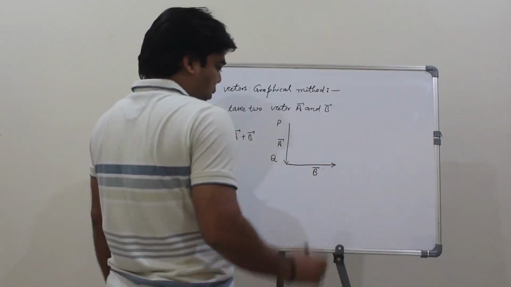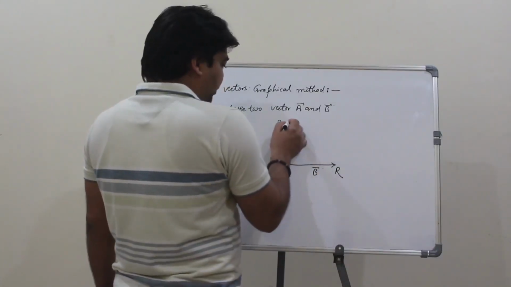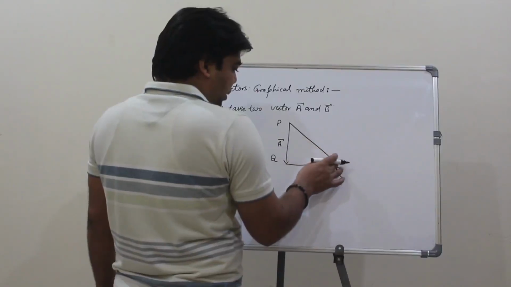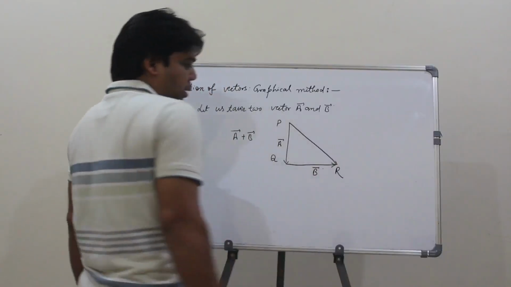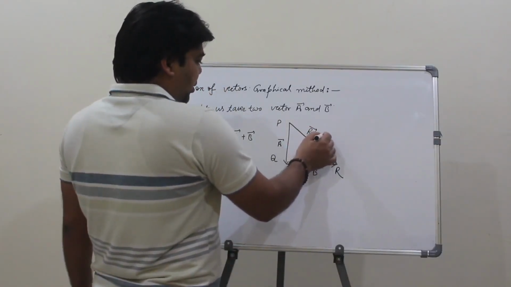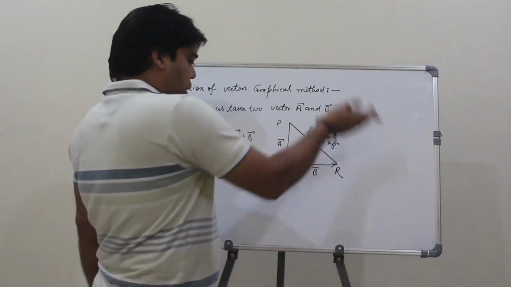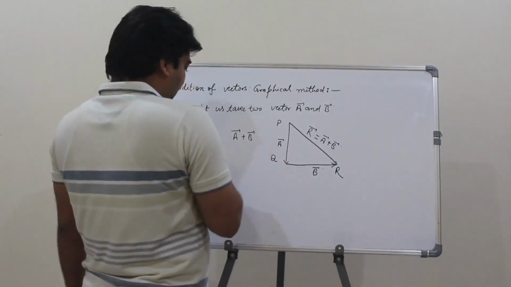You can call it R. Then the resulting vector will be the tail of A to the head of B. This represents the R vector, which is the resultant vector, A plus B. So this is also called the triangle law of summation.